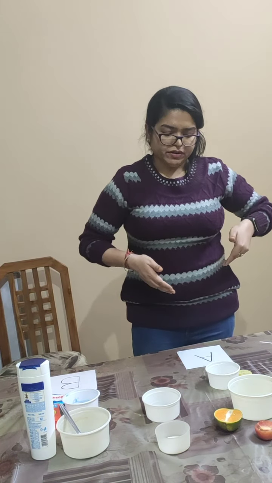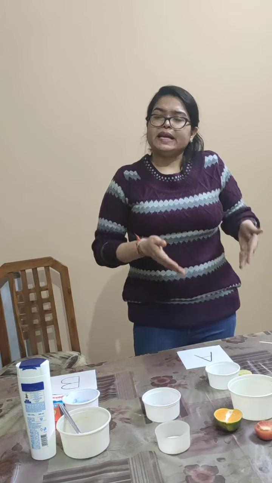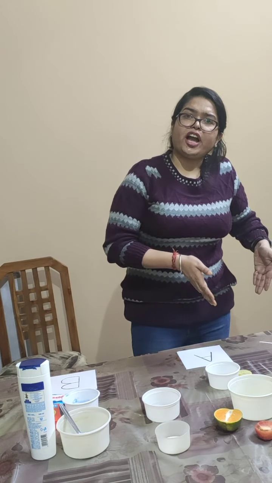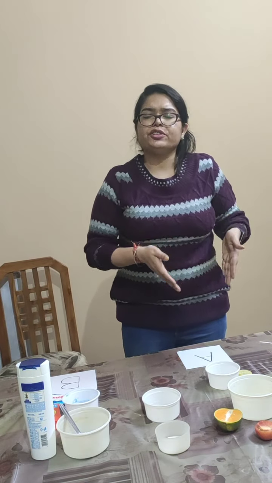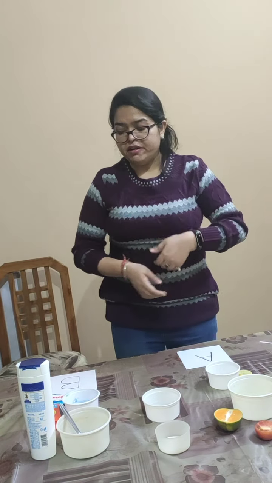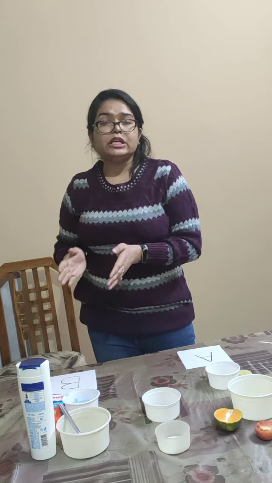When I take the blue litmus paper and react it with the group A substances, it changes its color from blue to red. While in case of the group B substances, the blue litmus paper is not showing any color change.